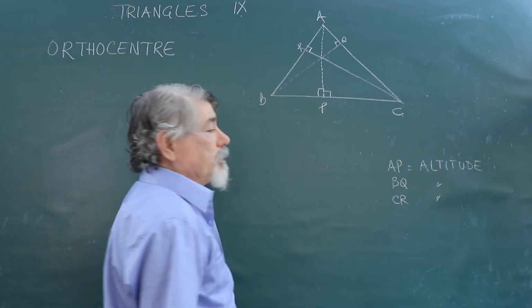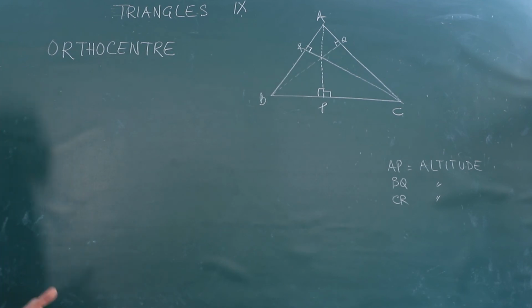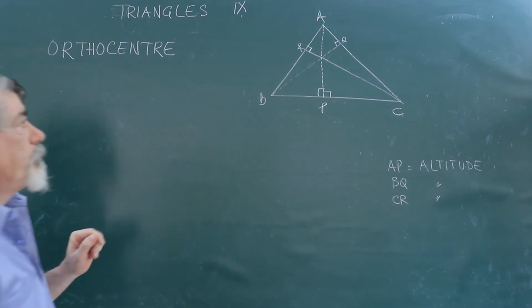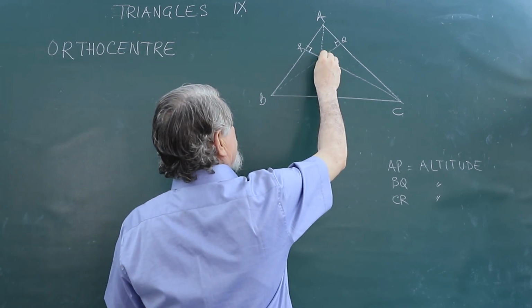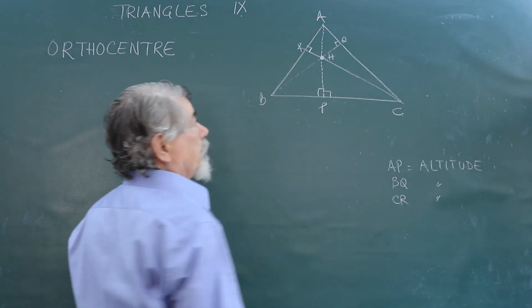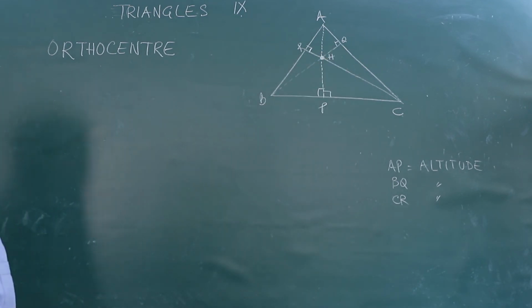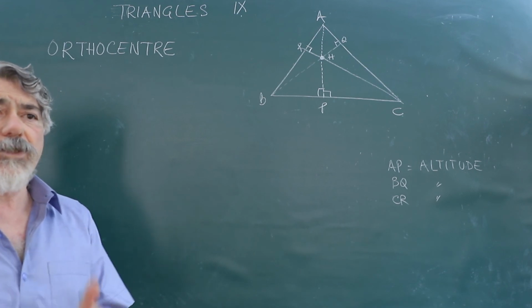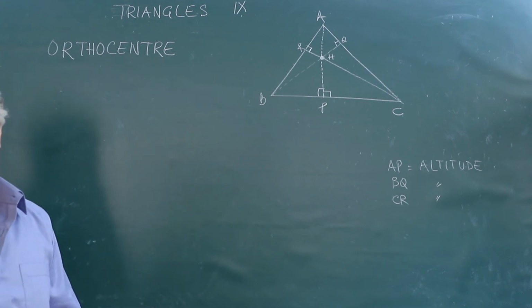Now all these perpendiculars drawn from the vertex onto the opposite side of the triangle are concurrent at a point, which is called H, which is called orthocenter. The point of concurrency of the altitudes of the triangle is called orthocenter.